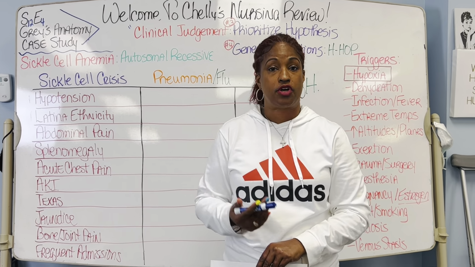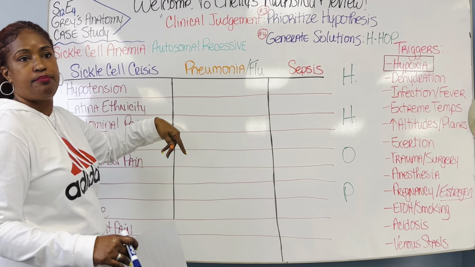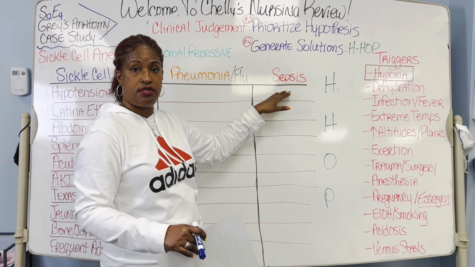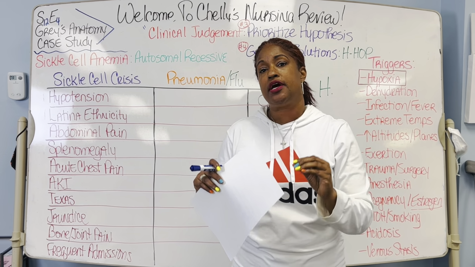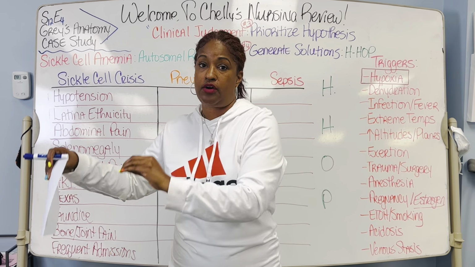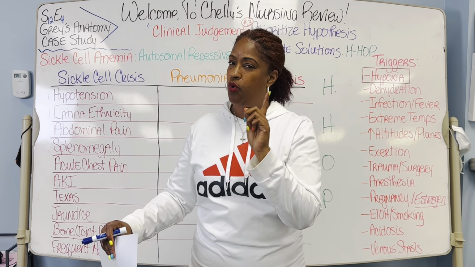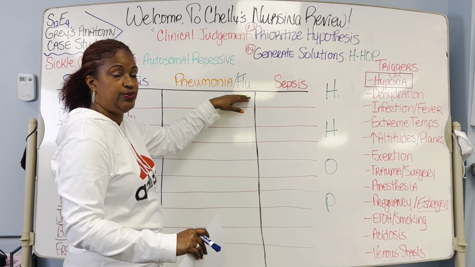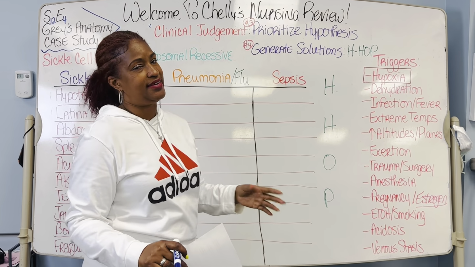And so in that situation, you're most likely going to say, oh, well, we're going to rule out on this patient the pneumonia, or maybe the flu, or maybe sepsis. So when we're looking to prioritize hypothesis, we have to figure out, how does the presentation of sickle cell crisis appear quite different from what you know about pneumonia, flu, sepsis? I hope that makes sense.